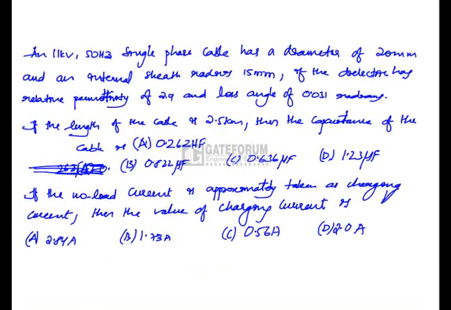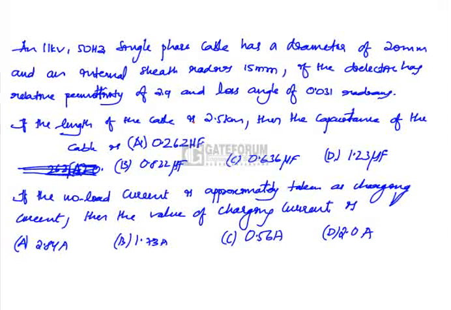An 11 kilovolt, 50 Hz single phase cable has a conductor diameter of 20 mm. That means let us take a single phase single core cable. Diameter is 20 mm, so radius is 10 mm, and an internal sheath radius of 15 mm, measured from the center of the core to the sheath.